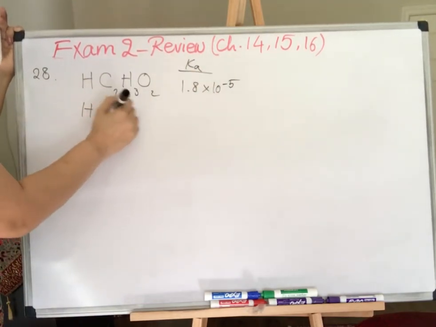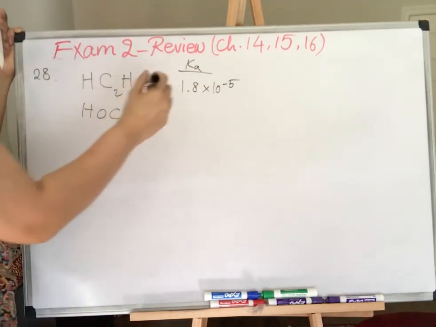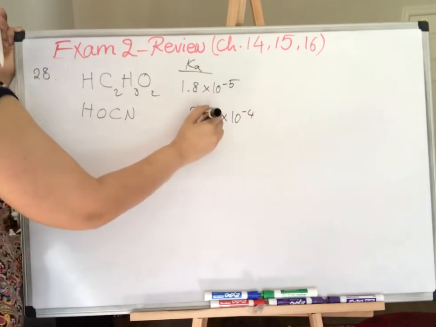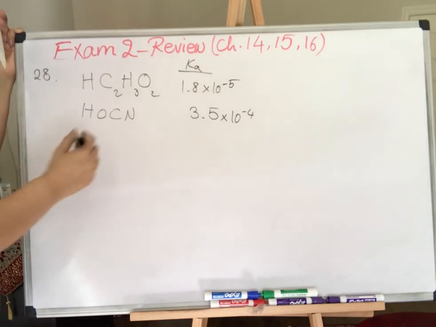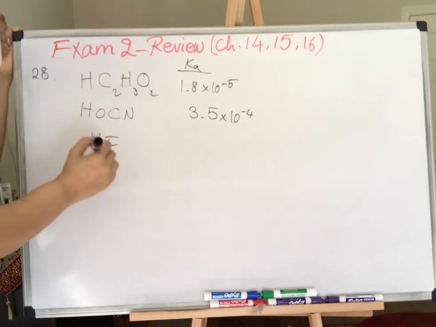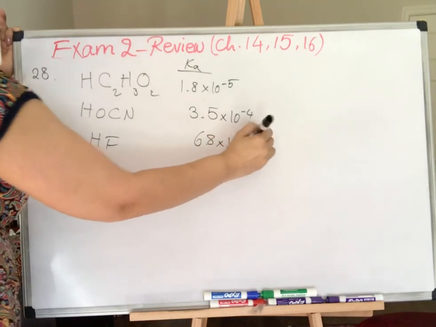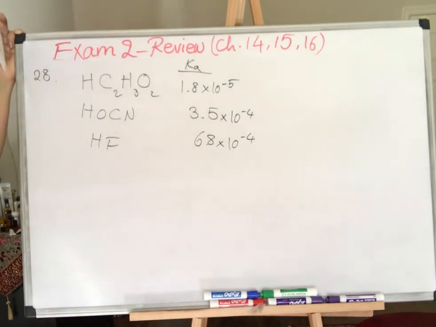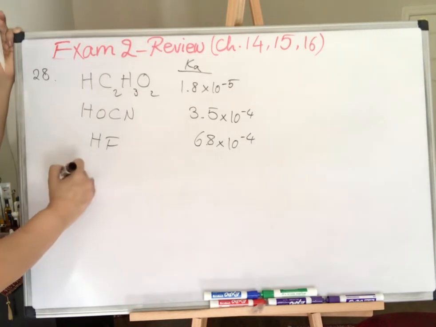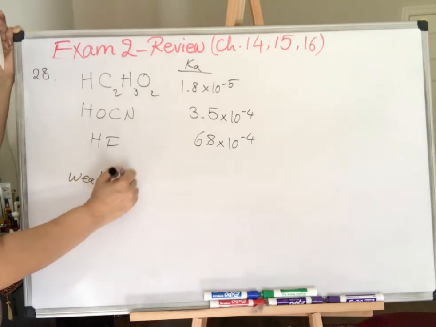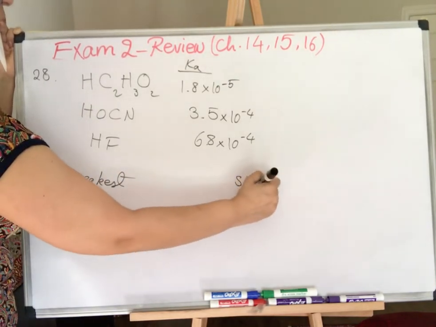For HOCN it is 3.5 times 10 to negative 4. And HF is 6.8 times 10 to negative 4. So rank these as acids in order of increasing strength, the weakest to the strongest.